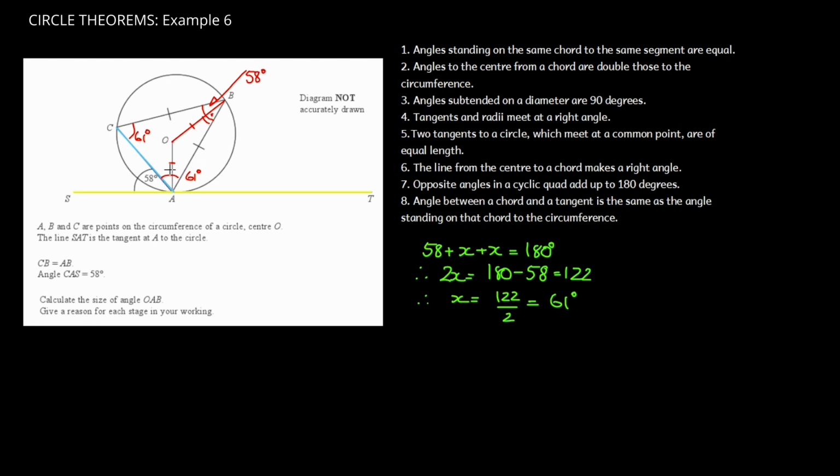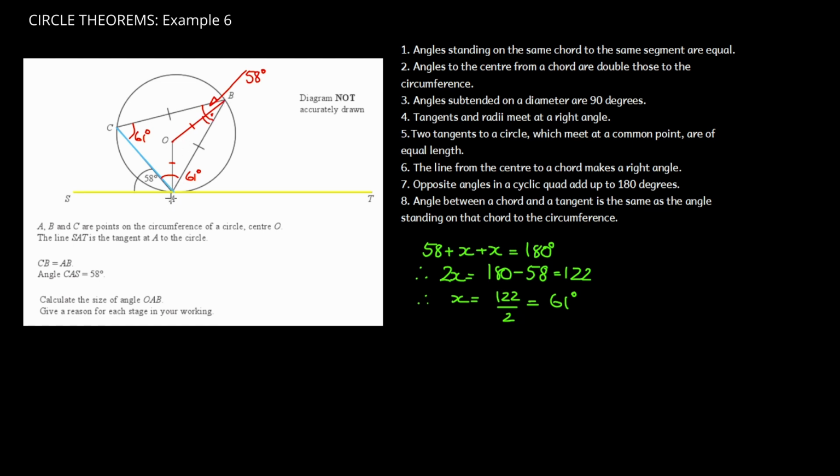So our focus now should shift to the triangle OAB, of which we need to know this top angle. Notice also, and the benefit of marking the radii when we started the question, is that it's another isosceles triangle, which means these two angles down at the bottom here will be the same. So if we can find this angle, we're home and dry.